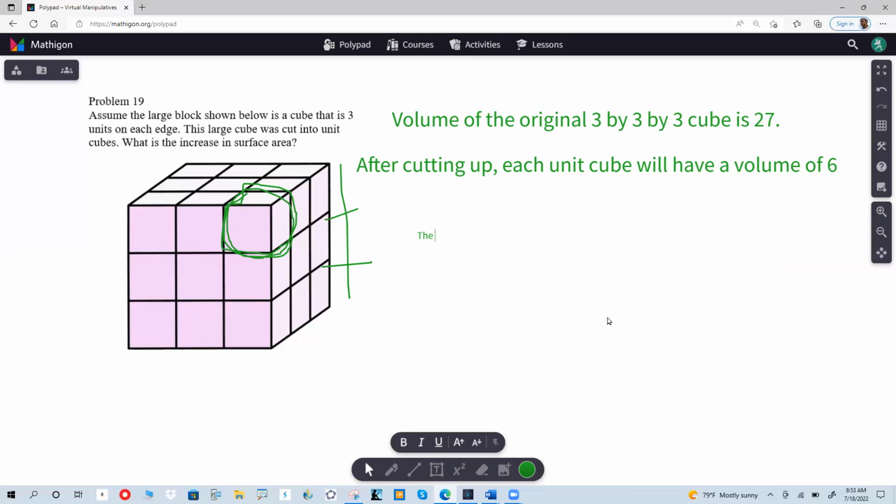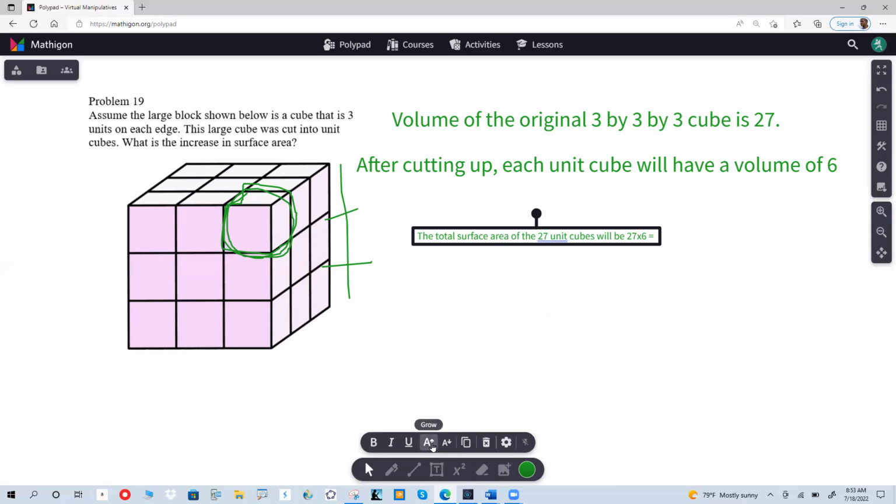The total surface area of the 27 unit cubes will be 27 times 6, right? Each cube has a surface area of 6. 27 times 6 is, let's find out what that is.